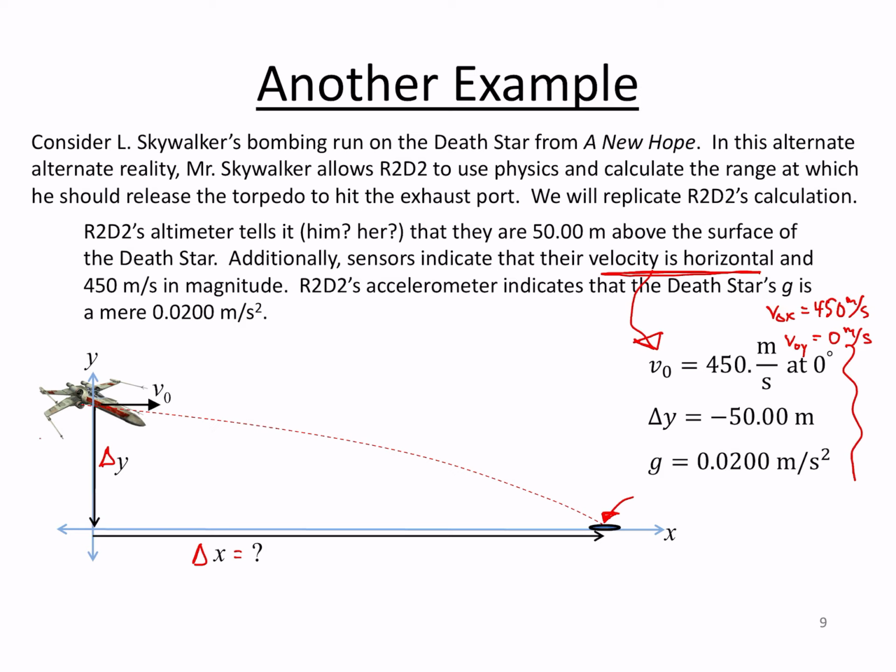Just stop it, okay? Stop it right now. Don't be that silly. You know that's silly, because the thing I shouted in that video, said with emphasis, I suppose, is that that's for level ground. We're no longer on level ground, right? We're starting from a vertical position. We're going to a completely different vertical position. We can't use that range equation. We have to do something else, all right? So don't you dare.